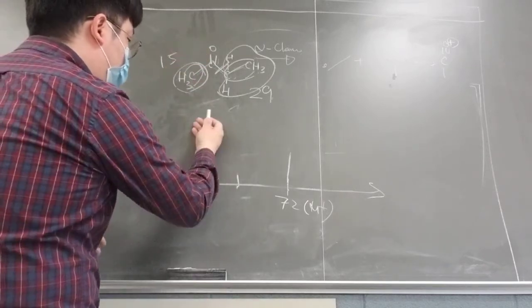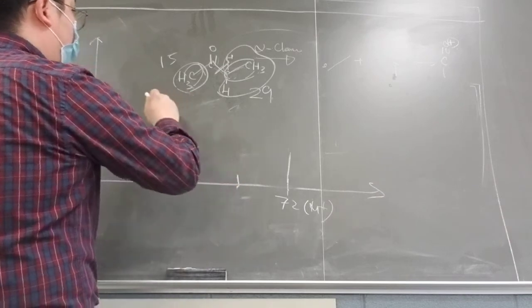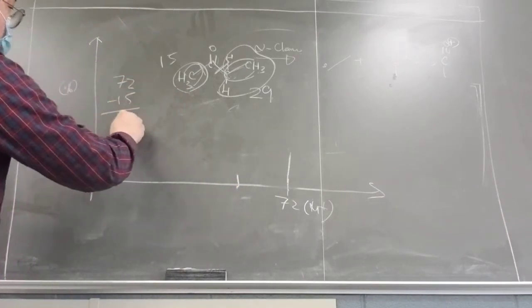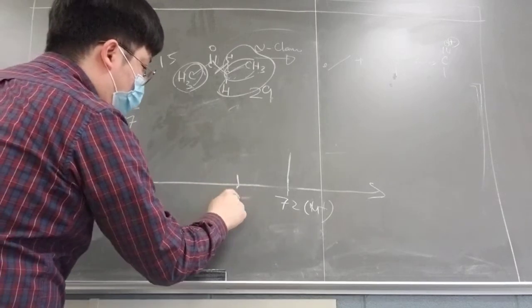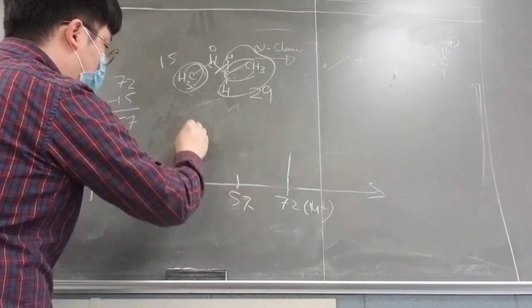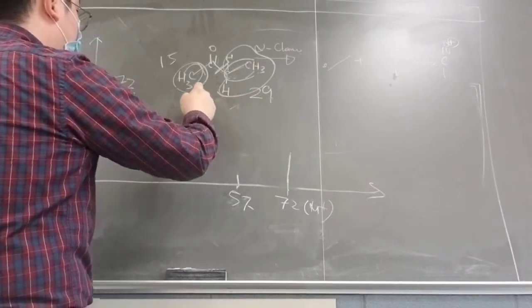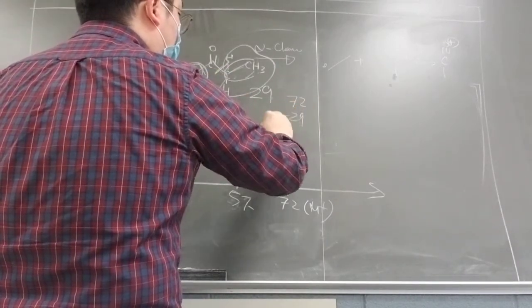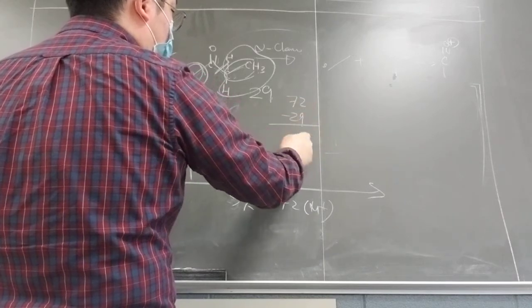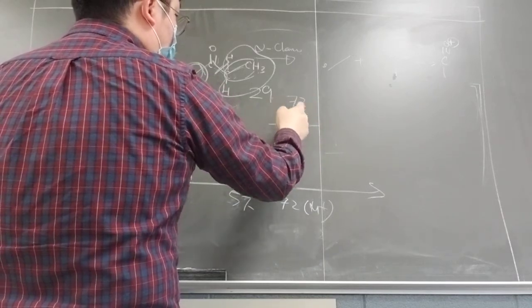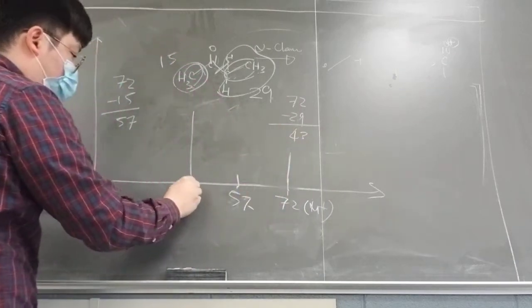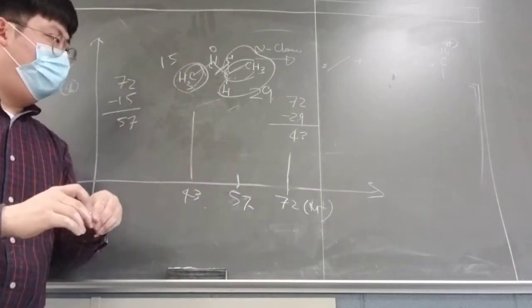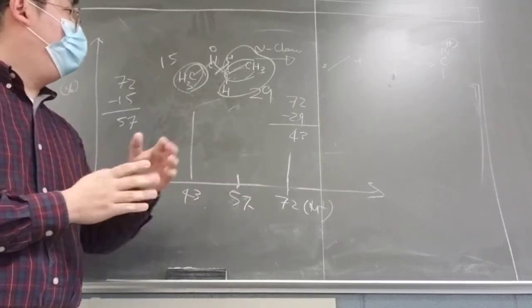So 72 minus 15 will be 57. So you have some 57, but you have a lot of 29 lost. So 72 minus 29 will be 43.